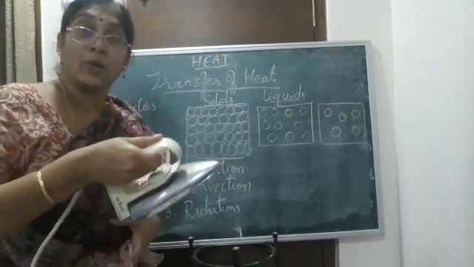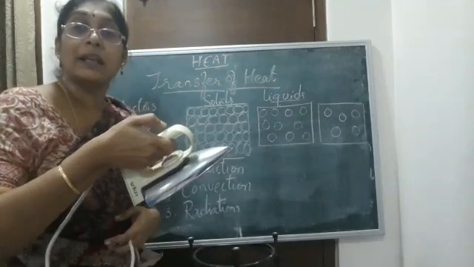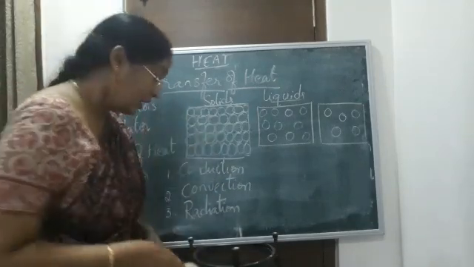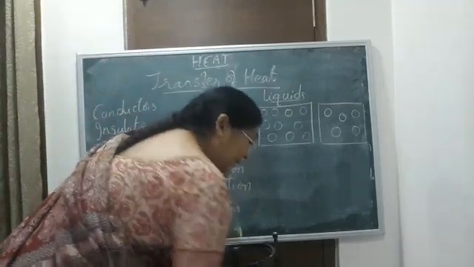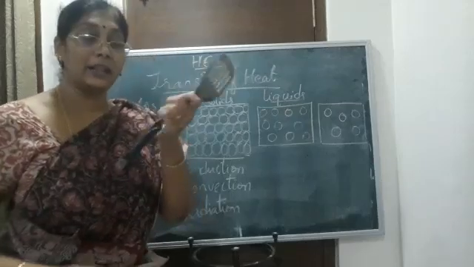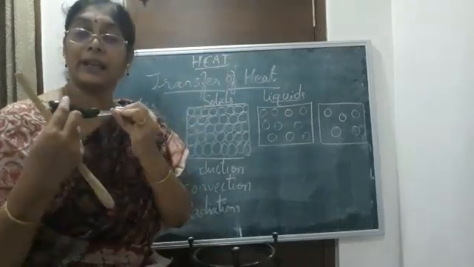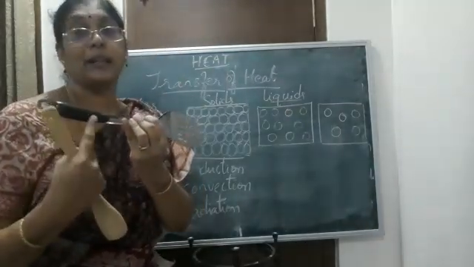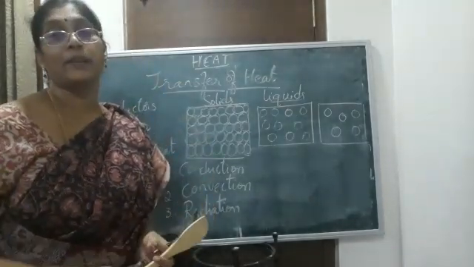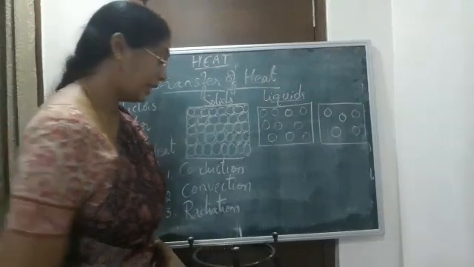But still I can hold it here because this is a bad conductor of heat. This is an insulator. So, this is a conductor of heat, and I can hold here because this is an insulator. Wood, which is an insulator.